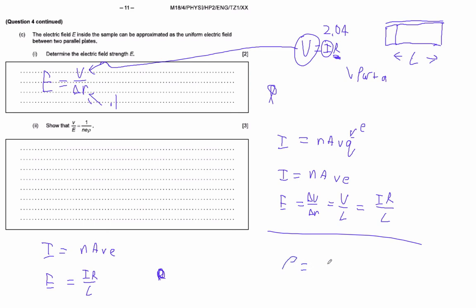So rho is RA over L, so that means that R is rho, that's the resistivity, times the length over the area. So I'm going to say R equals rho length over area.